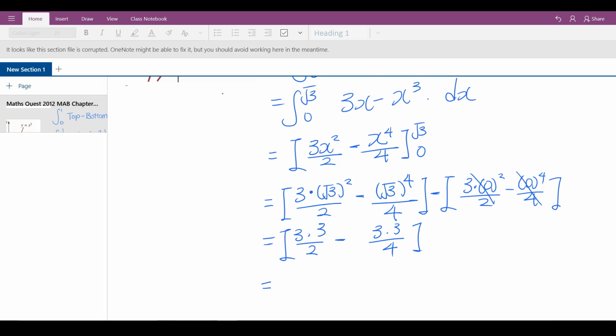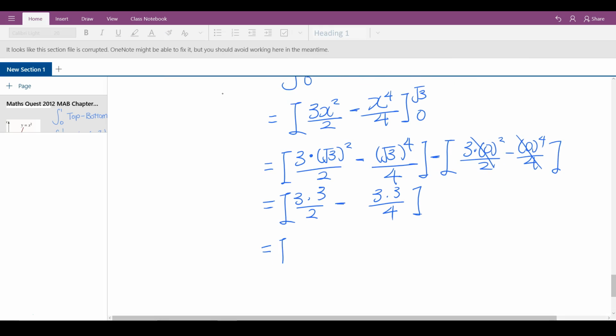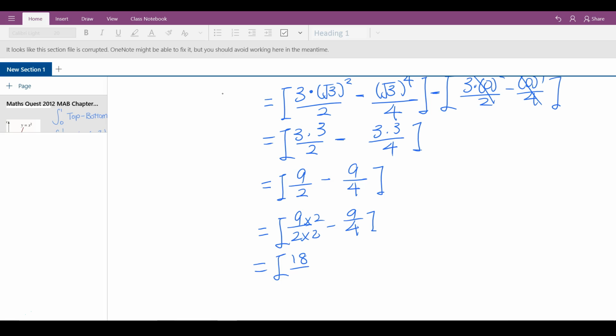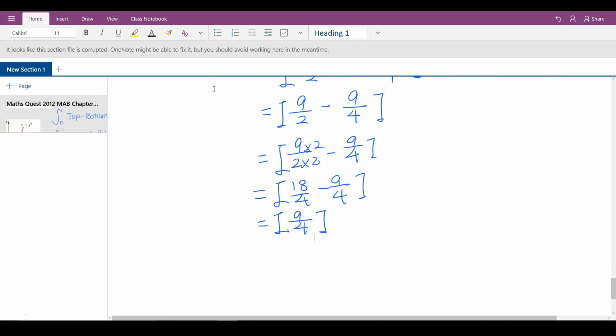So that gives us 9 over 2 minus 9 over 4. Let's get the common denominator: 9 over 2 times 2 minus 9 over 4 gives us 18 over 4 minus 9 over 4, which is 9 over 4. And that's the area of the shaded region.